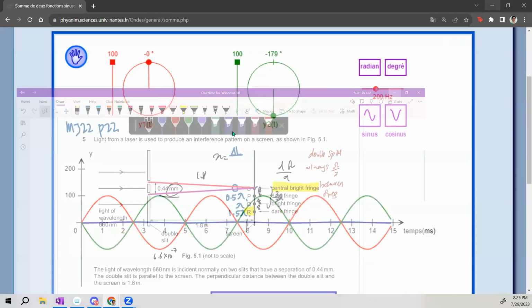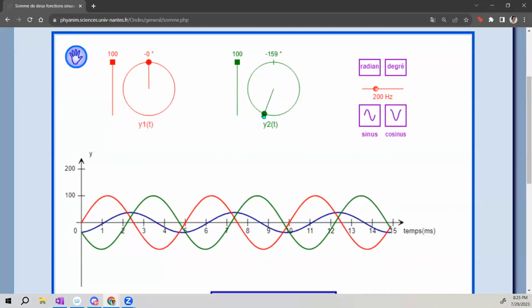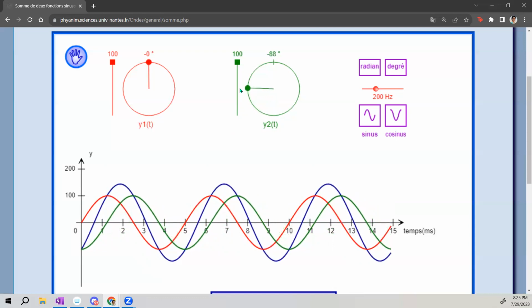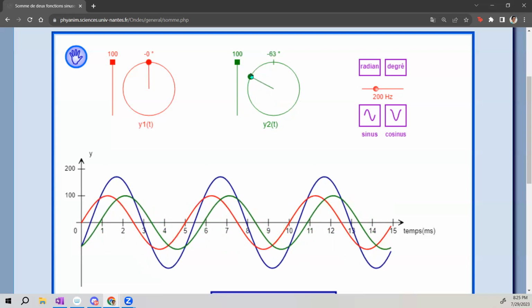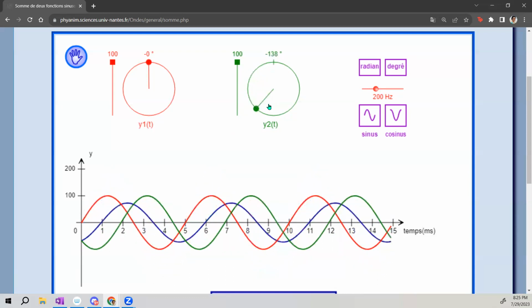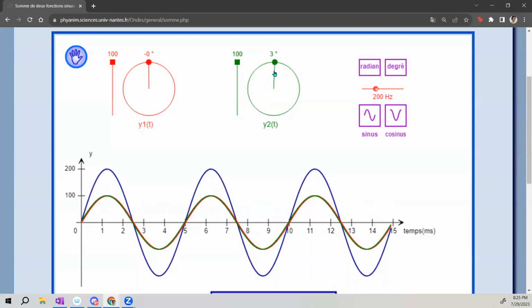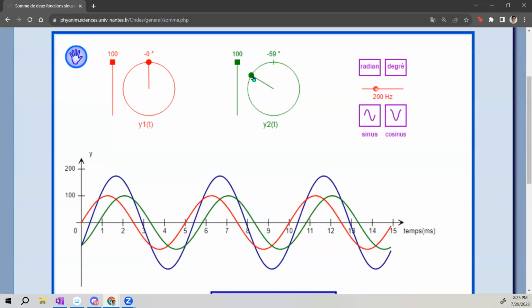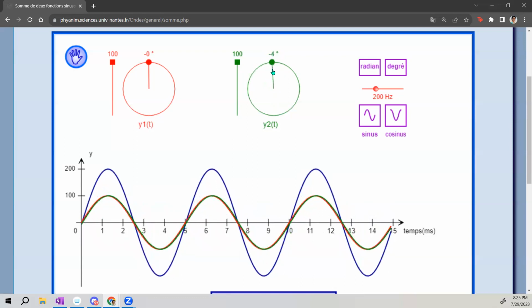Let's keep moving the wave. Let's say I travel another half lambda. A quarter lambda, I don't get anything. It's not a pattern. So I travel another half lambda. That way, I get another bright fringe. Remember, I started from here. So when I move one cycle, my green wave would have moved one wavelength.